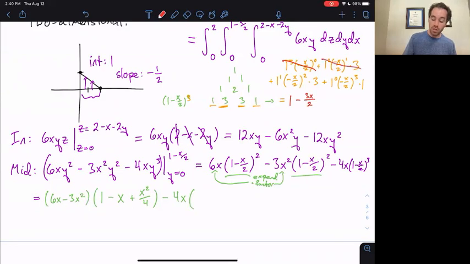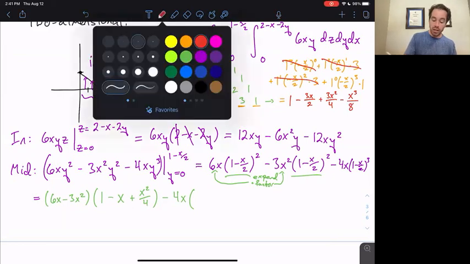The 1 squared makes no difference. And then plus 3x squared over 4. That's that. And then minus x cubed over 8. So that's what goes on the inside here.